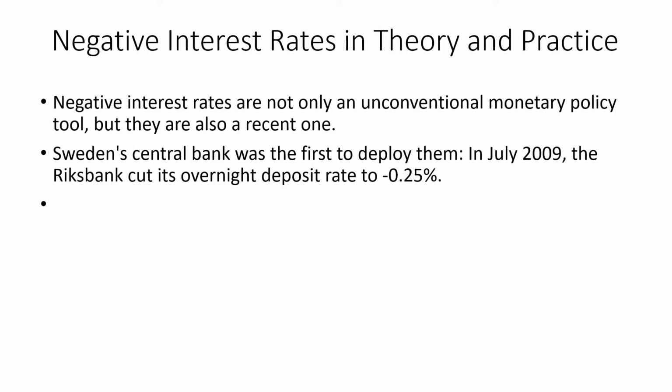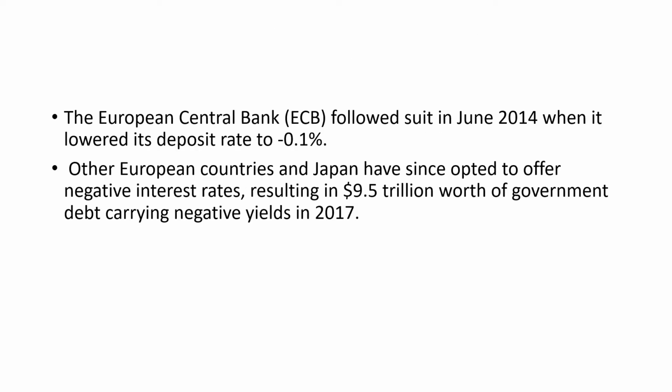What does the term negative interest rate mean in theory as well as in practice? These are not only an unconventional monetary policy tool, but also something we can consider of recent origin. Sweden's central bank was the first to deploy them. In July 2009, the Riksbank cut its overnight deposit rate to negative 0.25%.